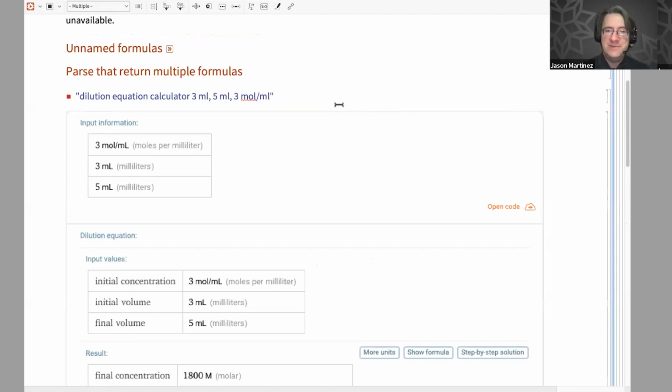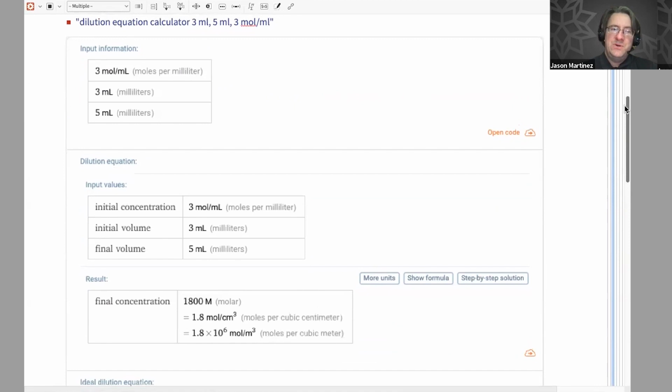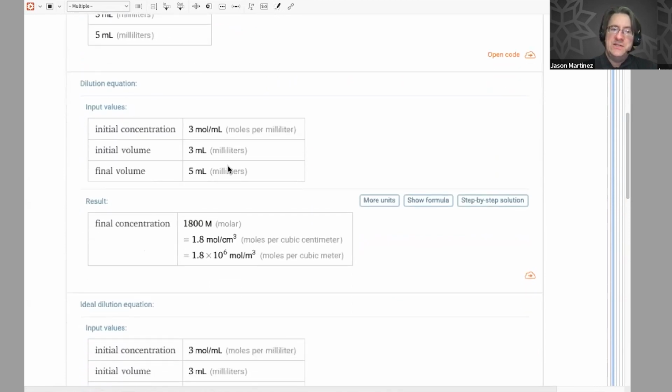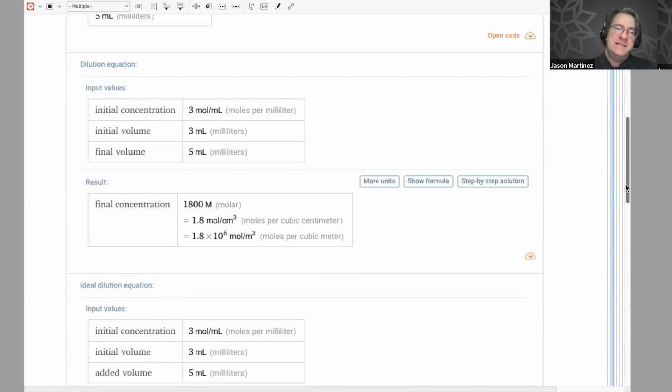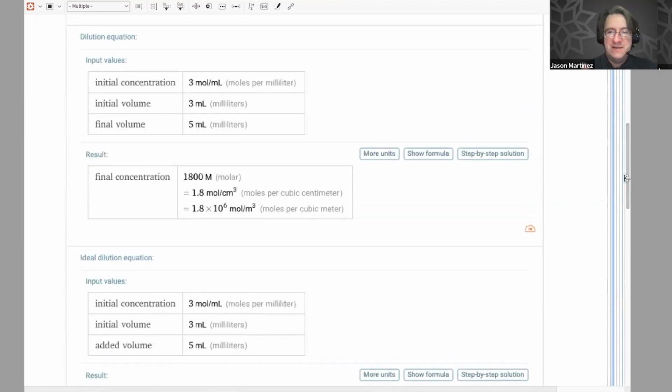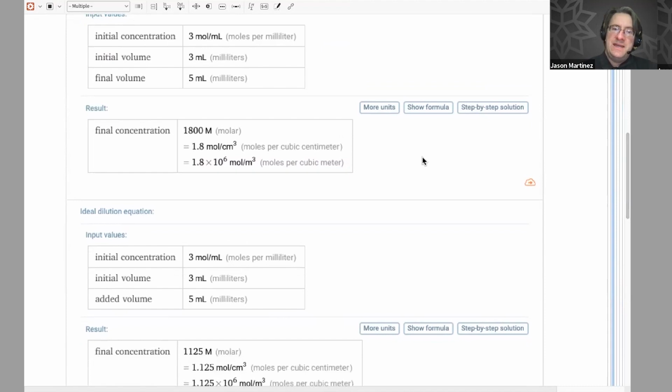So if we go back to chemistry for a moment here, the dilution equation, that's a name that's used both by the dilution equation formula, but also the ideal dilution equation, because you might be meaning that version. And so in that case, because we have multiple results, we would suppress showing the formula, which then changes how our result pods are constructed. And so there needed to be additional work so that we could get those step-by-step buttons to appear.